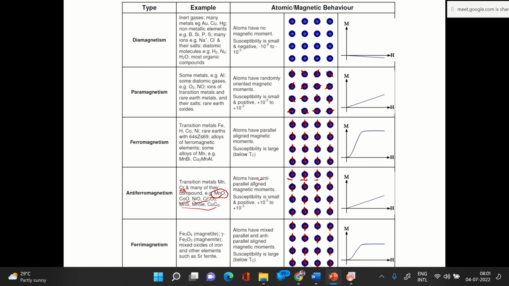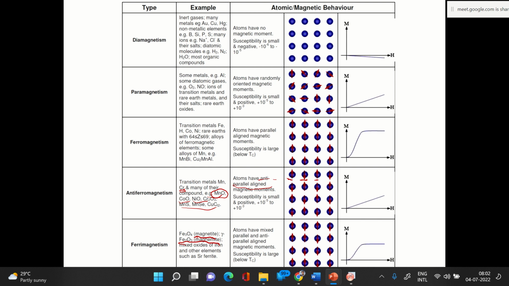So this anti-parallel arrangement is typically what an antiferromagnetic substance shows, and ferrimagnetism is something like in magnetite, maghemite. So in mixed oxides and other ferrites, it is found. So the behavior of ferrimagnetism, look at the curve.